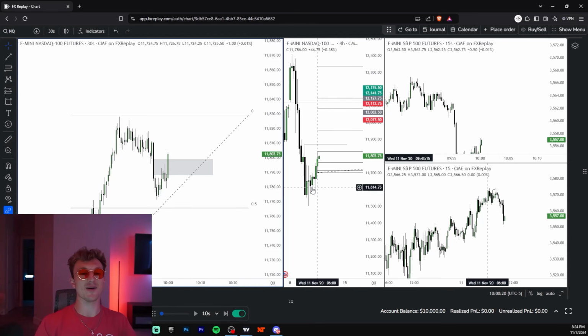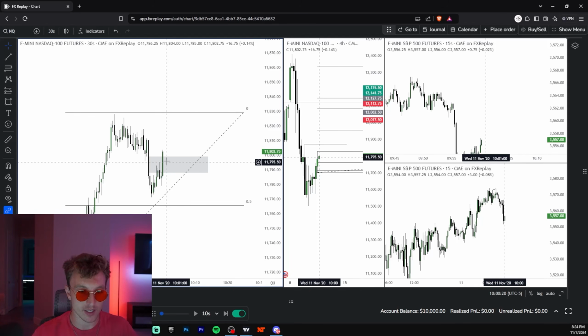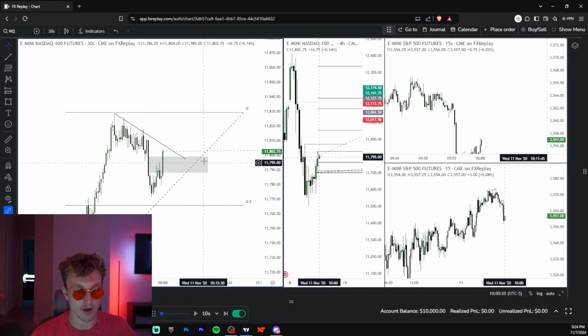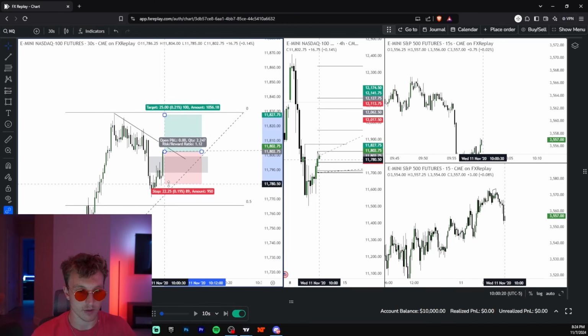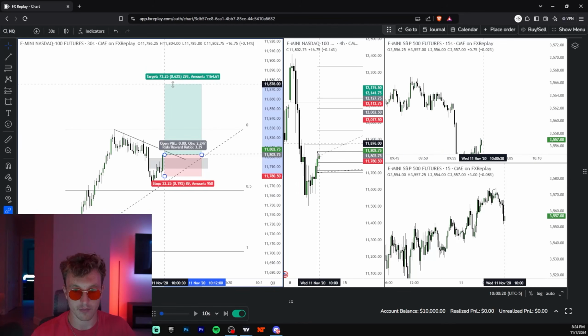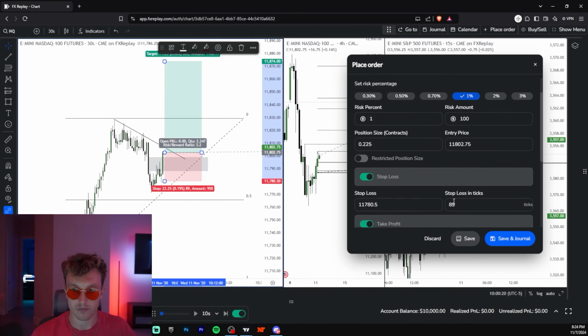Oh, okay. This one, so this one, okay. I really do like this entry. We're in the macro time. We got LRLR here. So I will definitely be taking this. Super confident about this one, I think. And then we're going to go for that higher time frame drawn liquidity, which is going to be probably this high. So we're going to do a place order.